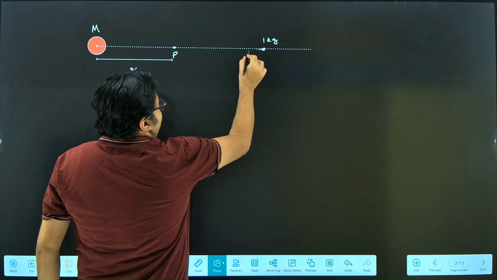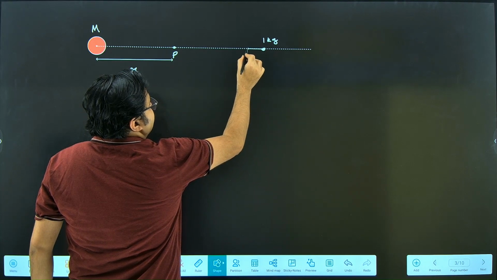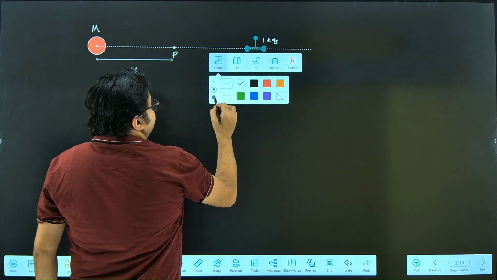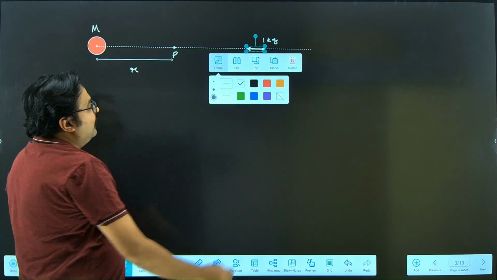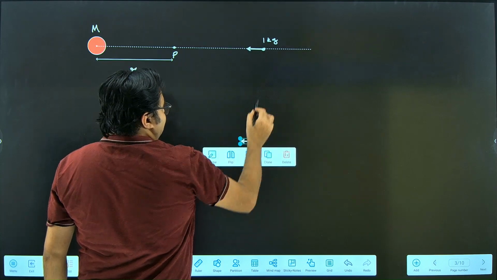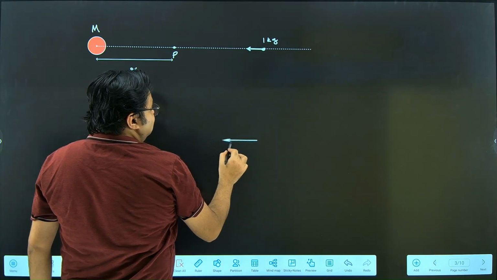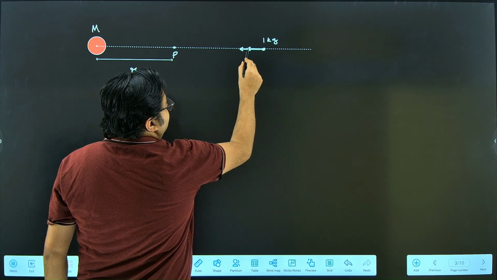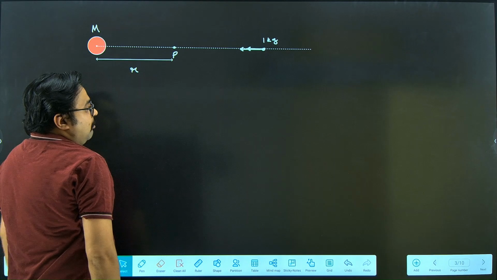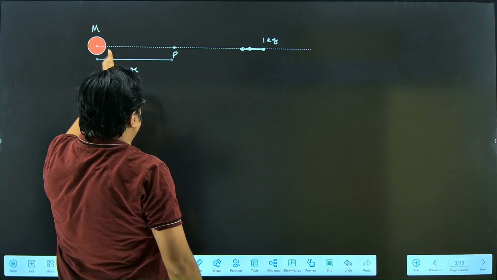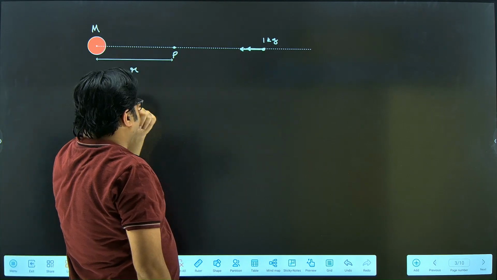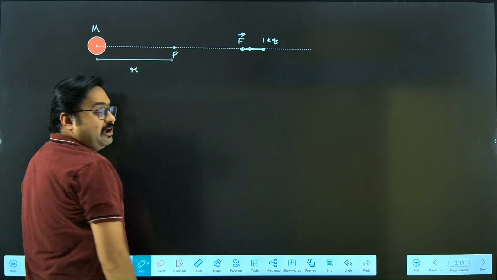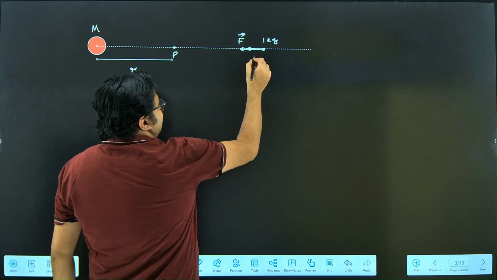So let us see how it's moving right now. The gravitational force on the object is acting in this direction. That's the direction in which gravitational force is acting. And you can also say that the displacement also is in the same direction. Both force is in this direction because it's a 1 kg mass, it's being attracted by this. Let me write that F, vector F. And the displacement is dx.